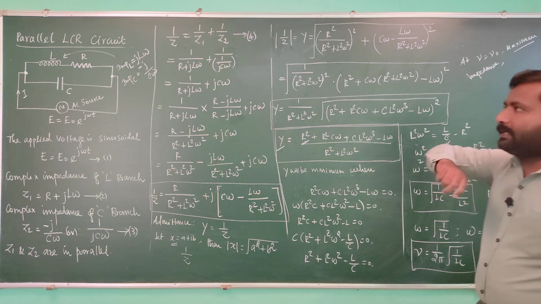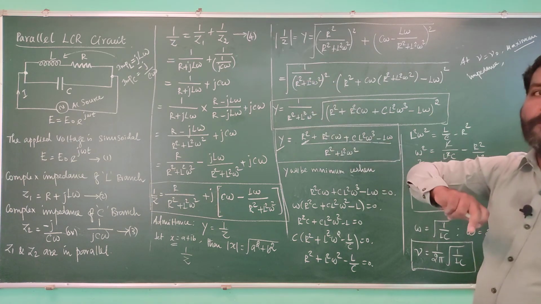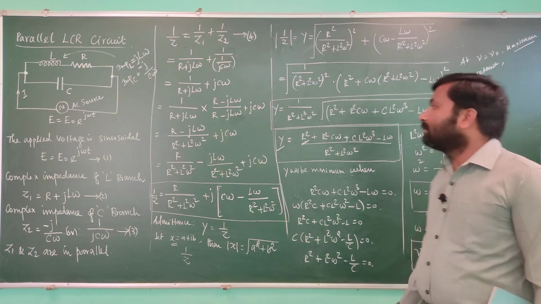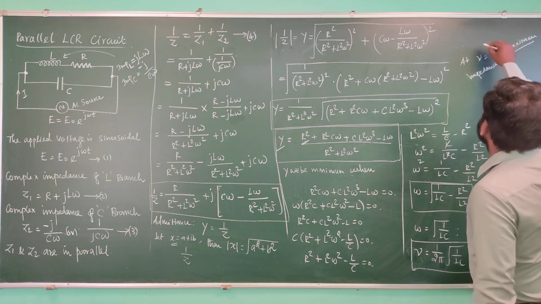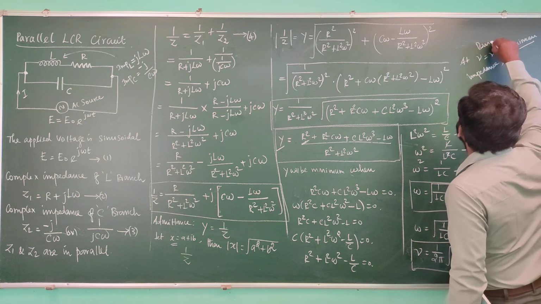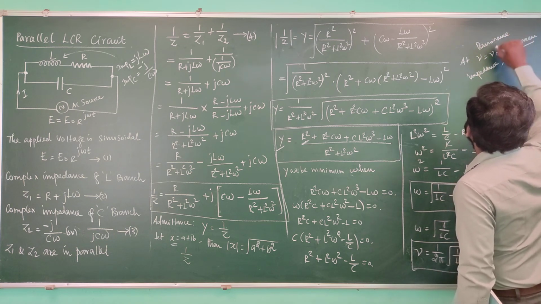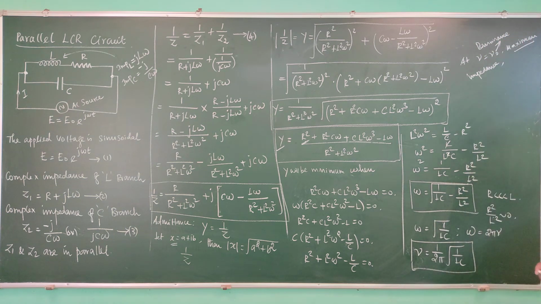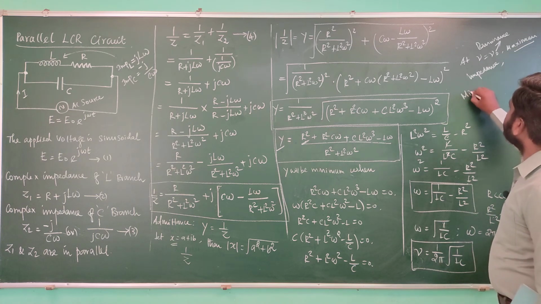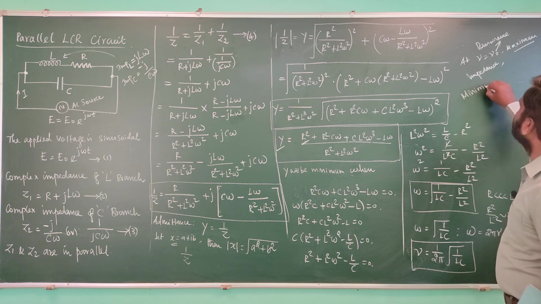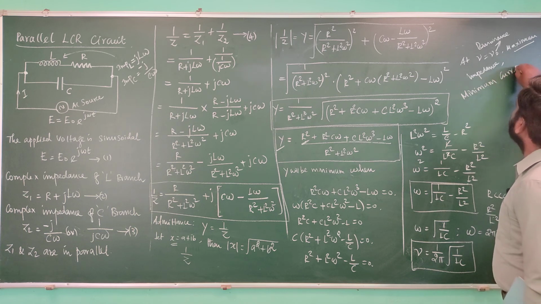Impedance being maximum means the current through the circuit will be minimum. So at nu equal to nu naught, that is at resonance, this is called the resonant frequency. The circuit will exhibit maximum impedance, so minimum current I.